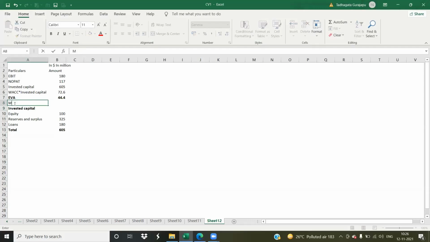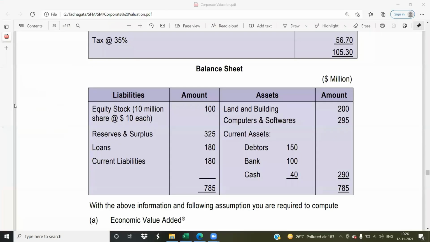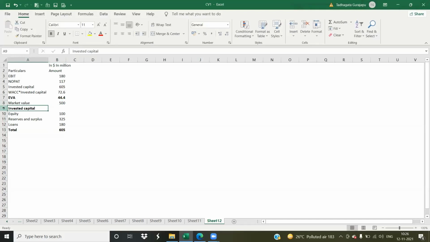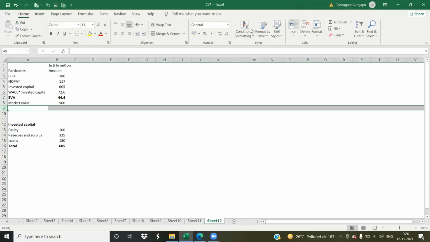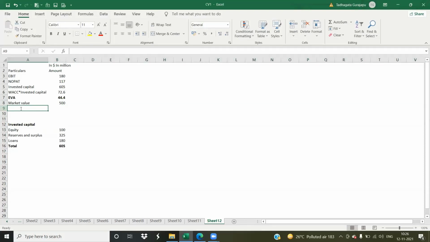For that, what is market value? That is equal to 50 into how many shares? 50 into 10 million, no? 500. What is book value? Book value is equal to equity plus reserves and surplus. So what is market value added? Market value minus book value.